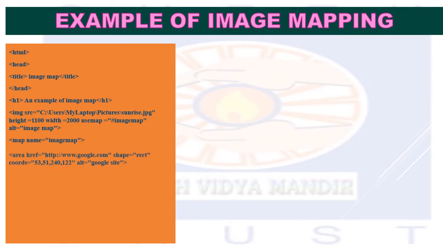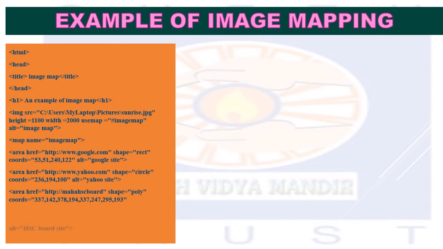Here comes the example of image mapping. You can see in this example the head, title, head. After that you have the H1 tag. Here you start with the IMG SRC tag.